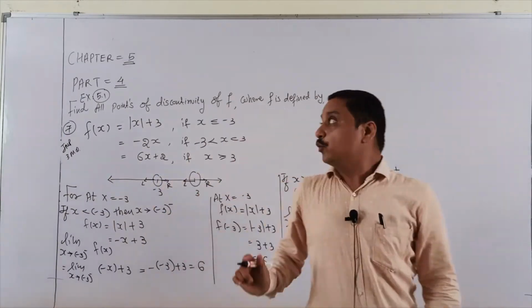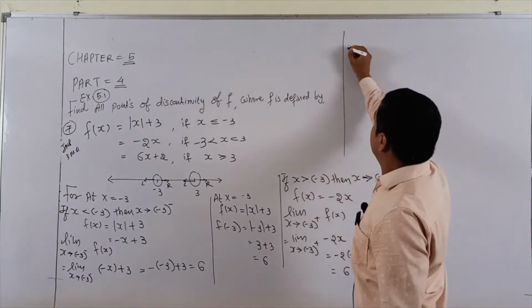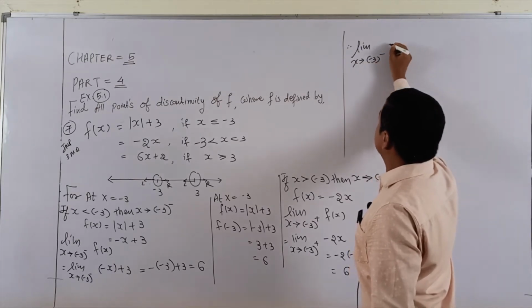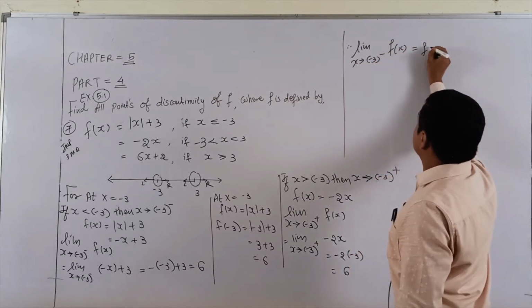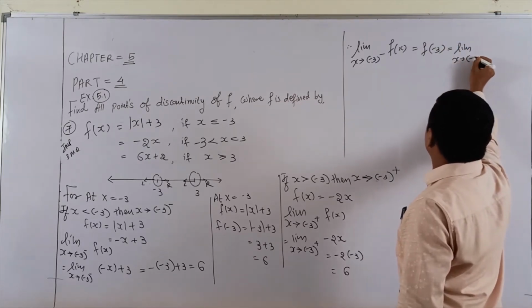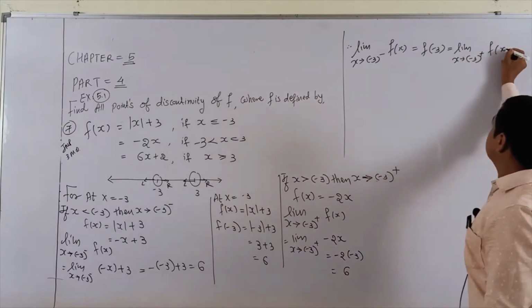That's why the limit as x tends to -3 minus of the function is equal to f(-3) and equal to the limit as x tends to -3 plus of the function.